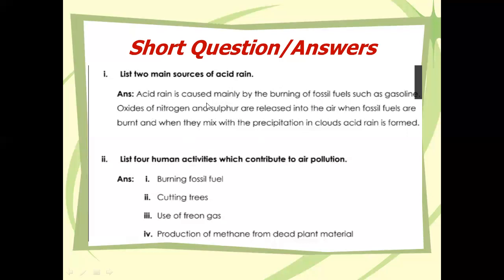So acid rain is mainly caused by the burning of fossil fuels and the exhaust of automobiles, which release these harmful gases into the atmosphere.